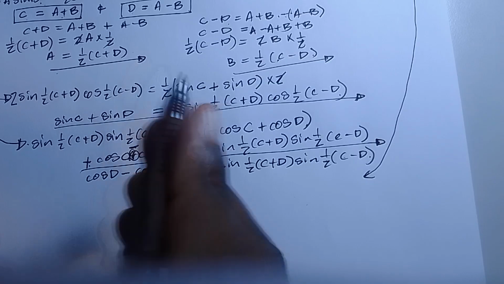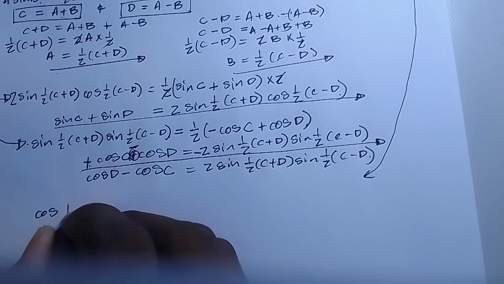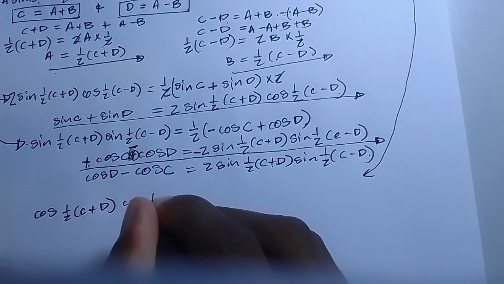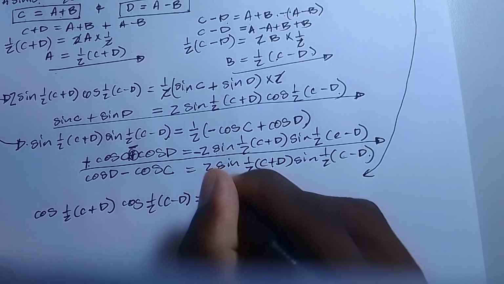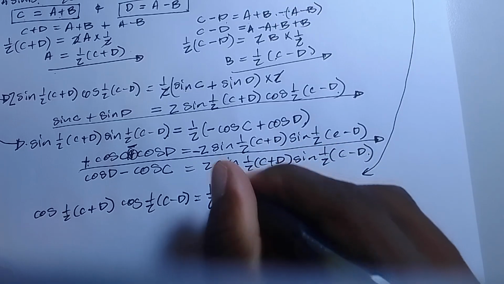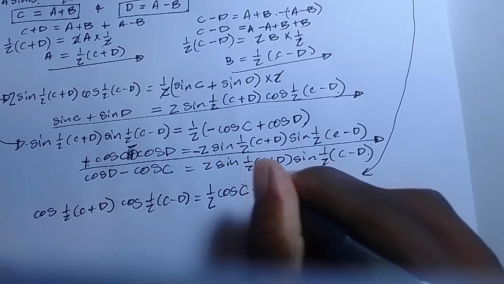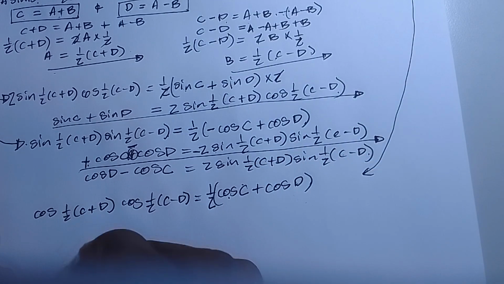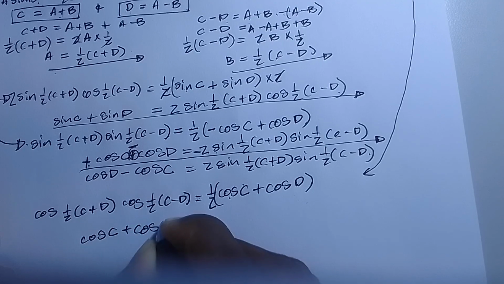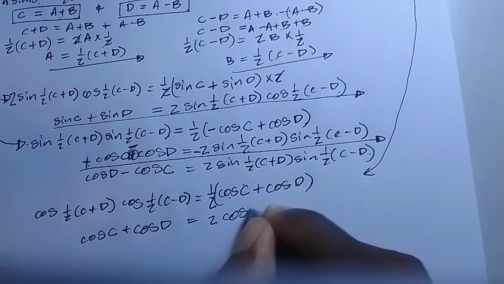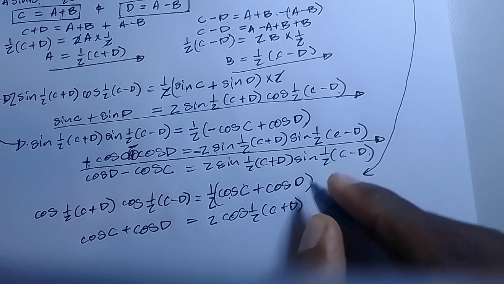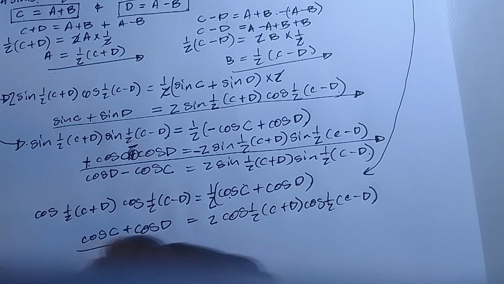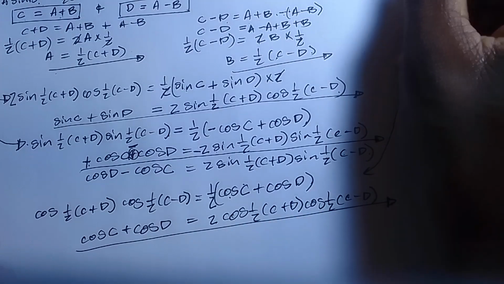The next one says cos A cos B. Cos A we know is half C plus D. Cos B we know is half C minus D is equal to half cos A plus B is C plus cos A minus B is D. Multiply both sides by 2, you have cos C plus cos D as 2 cos half C plus D cos half C minus D. Finally, you have this one.